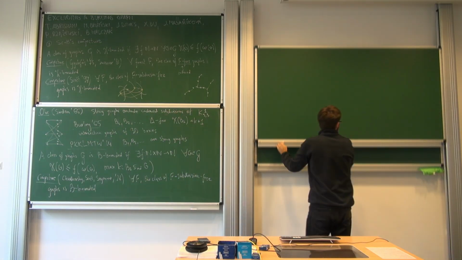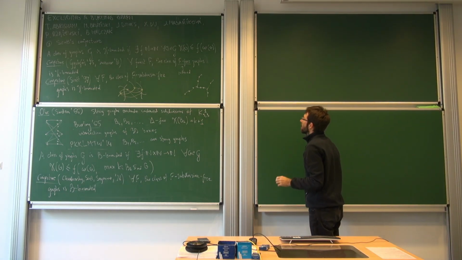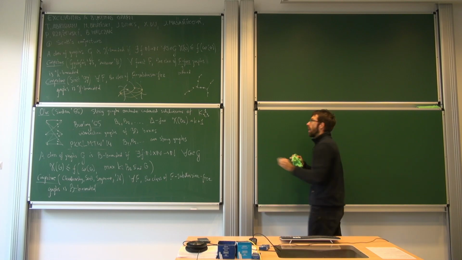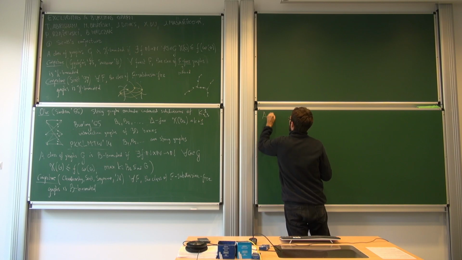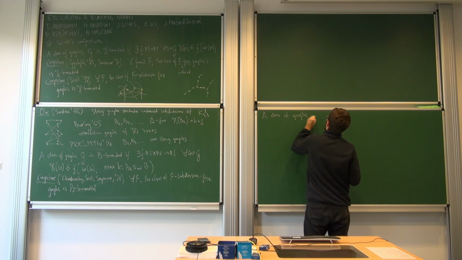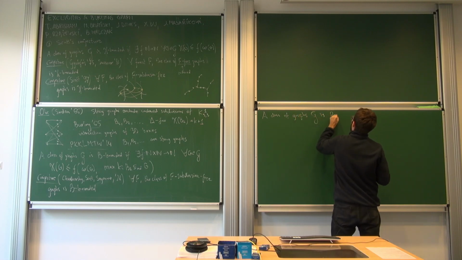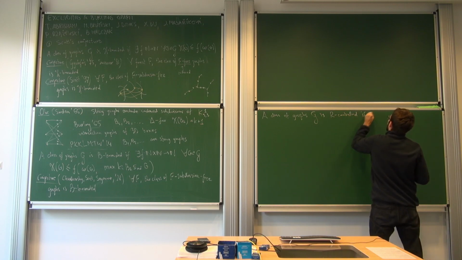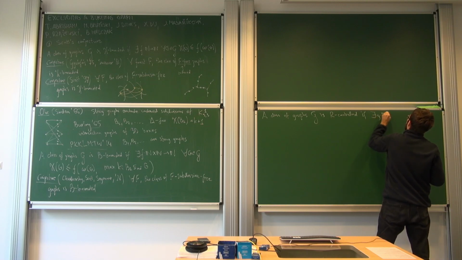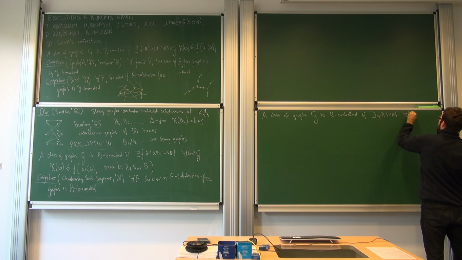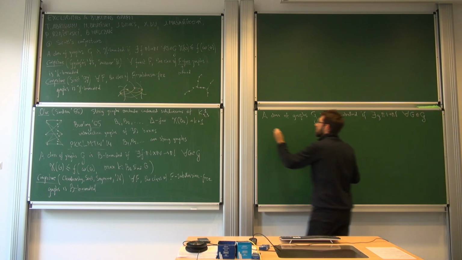So what does it mean for a class to be 2-controlled, or more generally R-controlled for some integer R? A class of graphs is R-controlled if there is a function, let's call it g, such that for every graph in the class we have the following inequality.